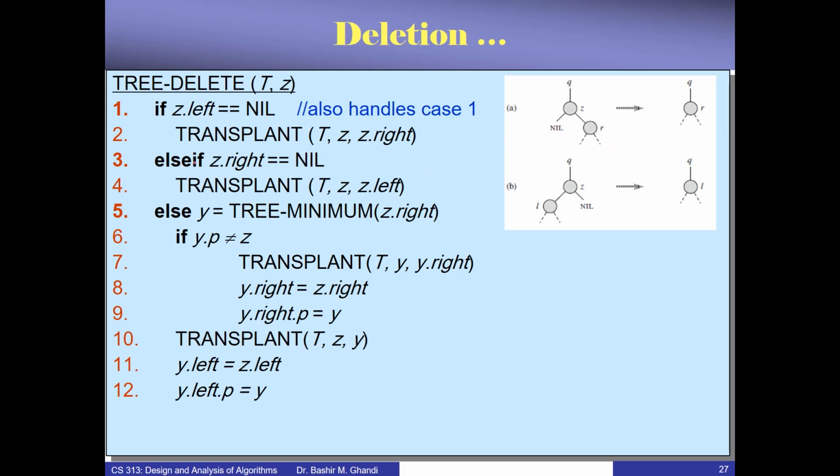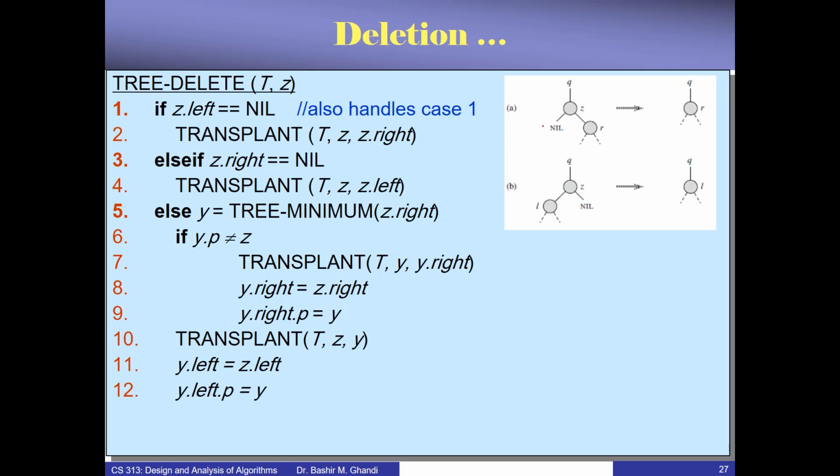On the other hand, if Z dot right is nil, so again there's only one child. In that case, replace Z with the left child of Z. So we're going to promote this left child to replace Z.